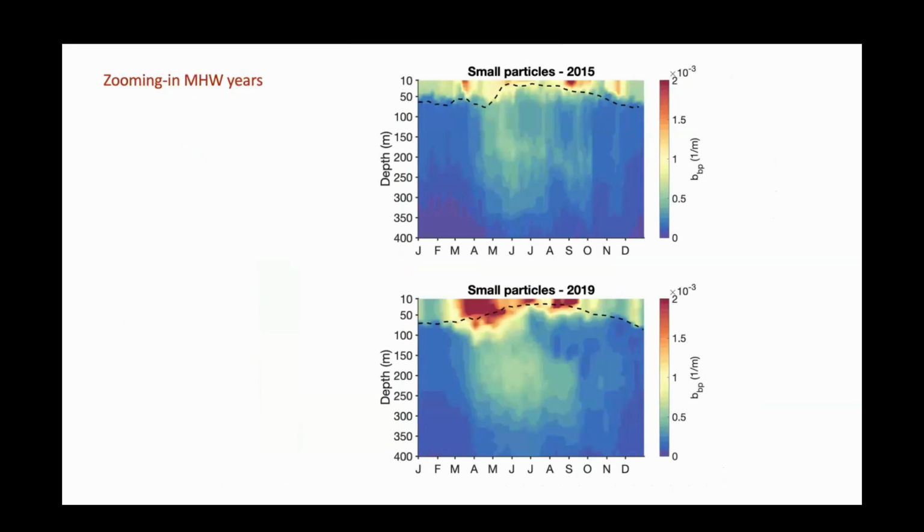You can see that the particle production and export was mainly during springtime. You also have export throughout the year until late summer when the second bloom comes up. But then in 2019 is when you can really see that this spring bloom drove a very high export. And then this export persists and slowly dies out throughout the year.